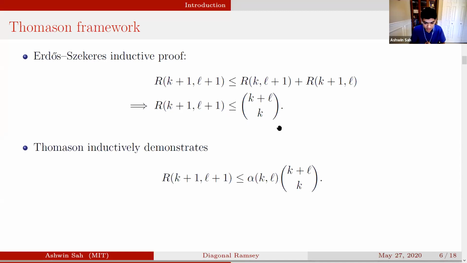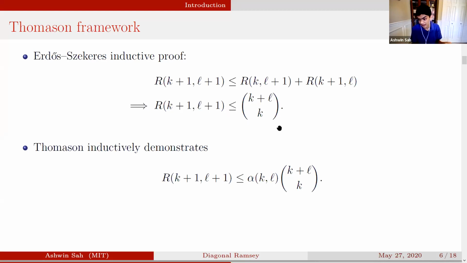So instead of this bound (k+L choose k), which Erdős and Szekeres basically inductively prove, Thomason is going to inductively demonstrate a bound of the form R(k+1, L+1) is at most alpha(k, L) times (k+L choose k). The hope is that you can take alpha to not just be the constant function 1, which would be this error, but hopefully some decaying function of k and L, or at least some function that decays in the ranges that we care about.